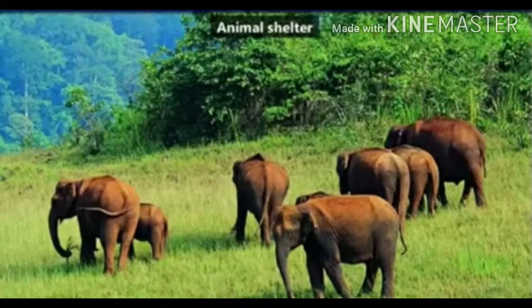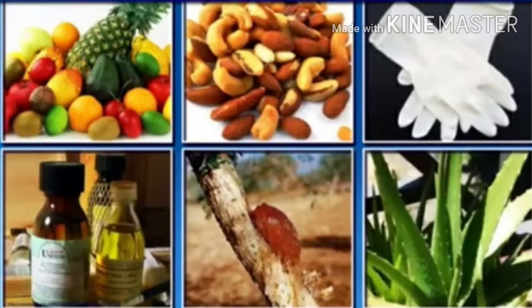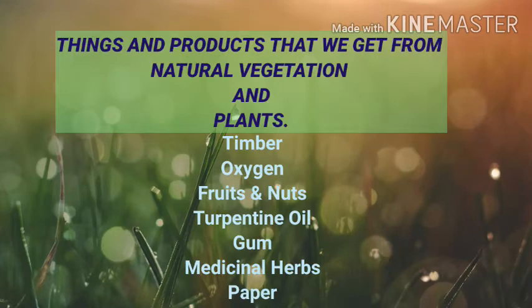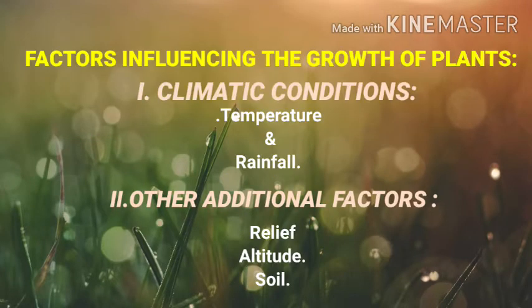The plants and vegetation give shelter to the animals. They also provide us with fruits, nuts, turpentine oil, resin, gum, medicinal plants, and also the paper we use.